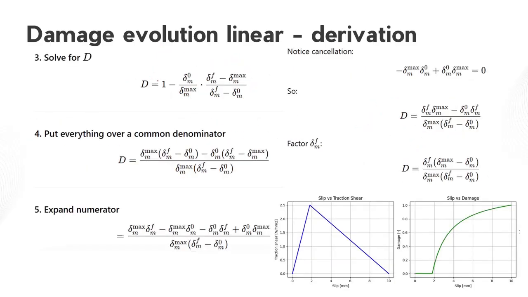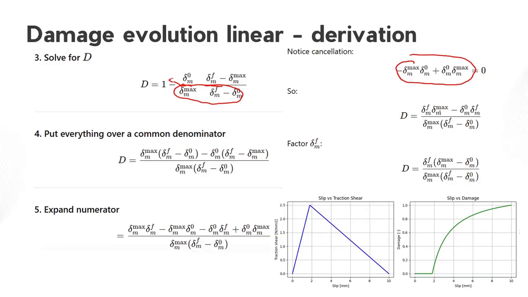Once I solve for d, because before there was 1 minus d, I can put it on the other side. Once I put everything under one common denominator, I extend this number one with this part and put it on the top. Once I expand this numerator, I can notice that there are some variables that can be canceled out.